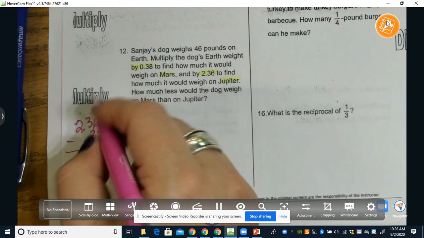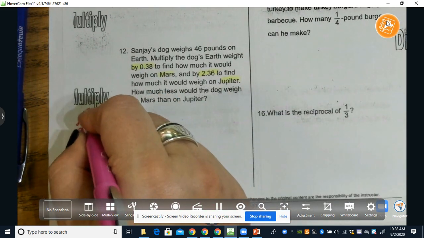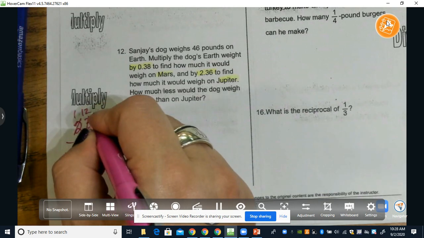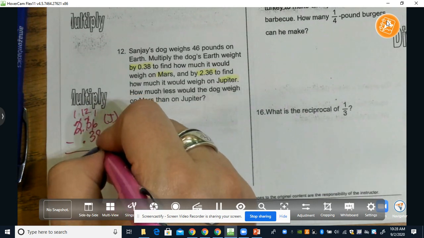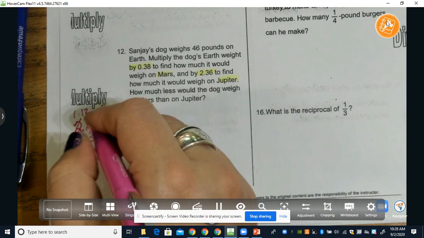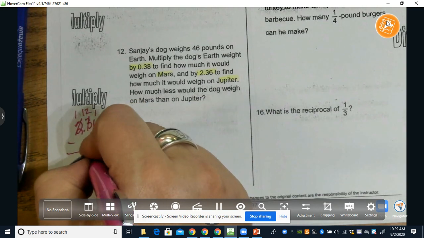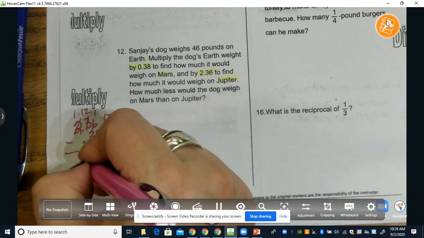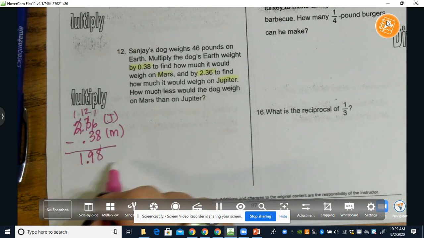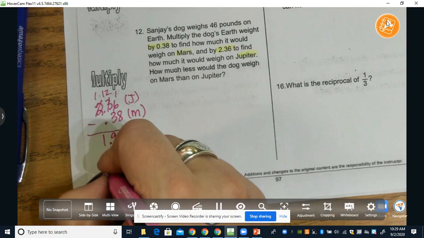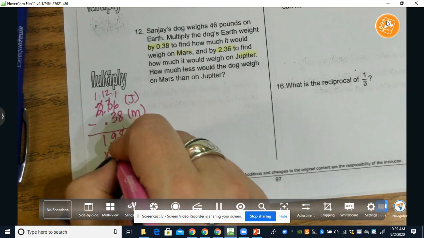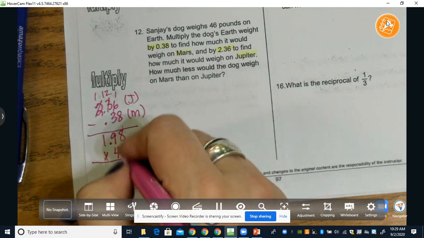And subtract. And I get 16 minus 8 is 8. 12 minus 3 is 9. And 1 minus 0 is 1. So this is what the difference is. So then I could take that difference and multiply it by 46, which is the dog's weight.